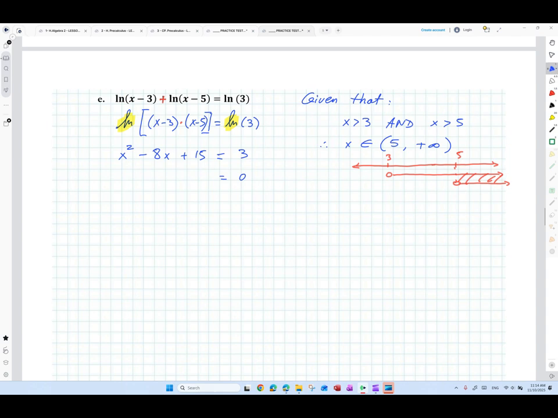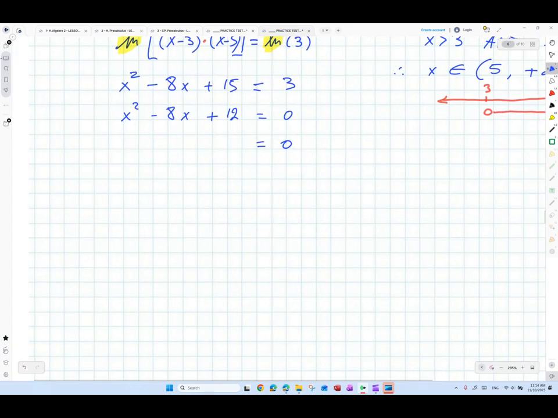And then I'm going to deal with a quadratic expression that I know how to solve, and 15 minus 3 is 12. And same thing, if you need, you can do that on scratch paper. You can do that in several steps.